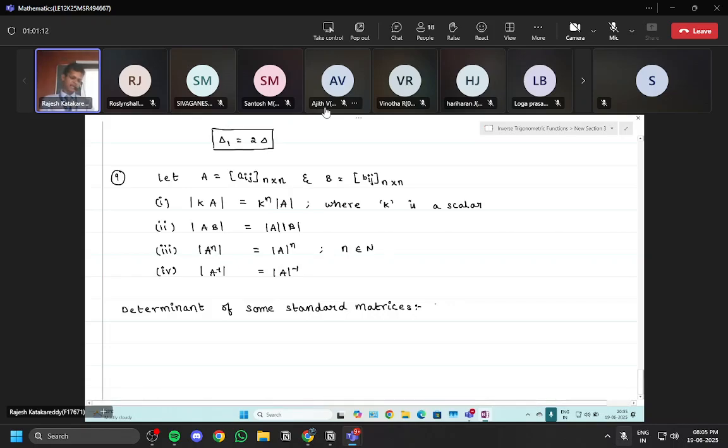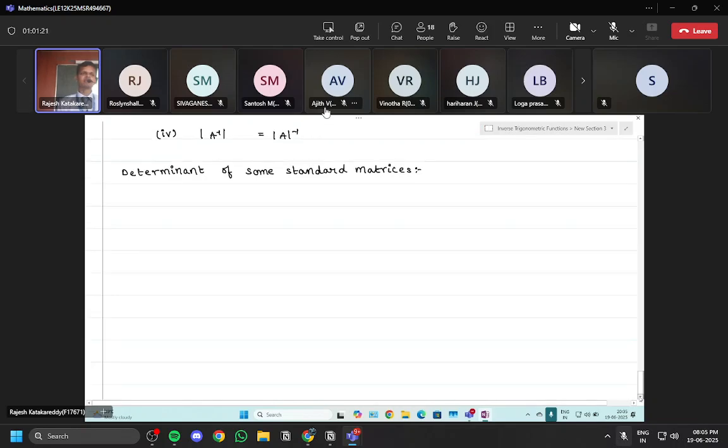The determinant of a triangular matrix, which can be an upper or lower triangular matrix, is equal to the product of principal diagonal elements.